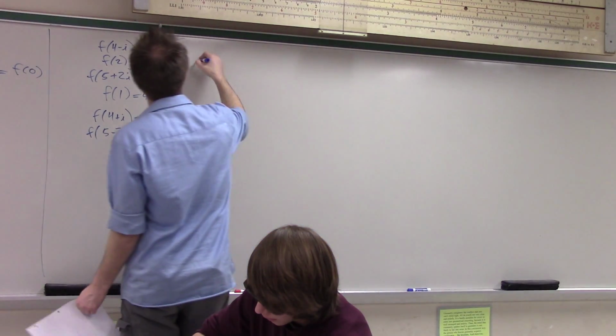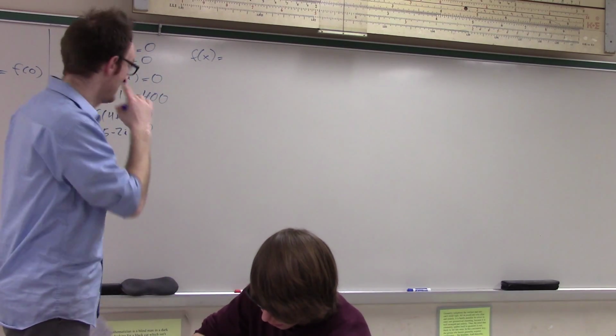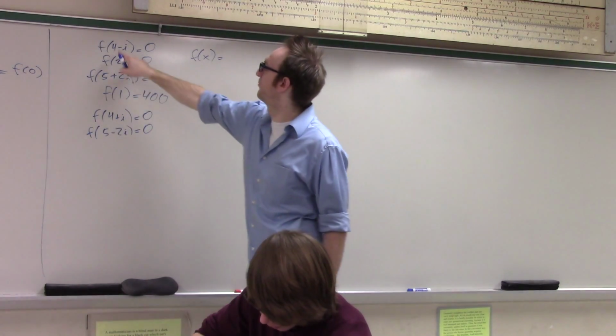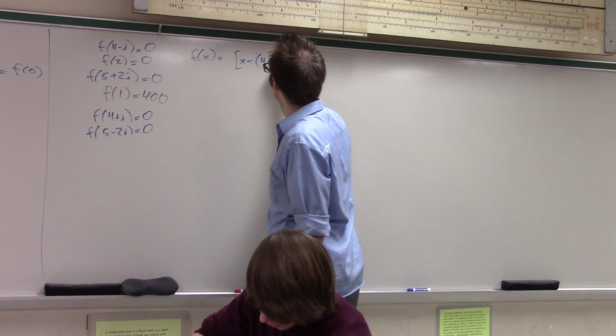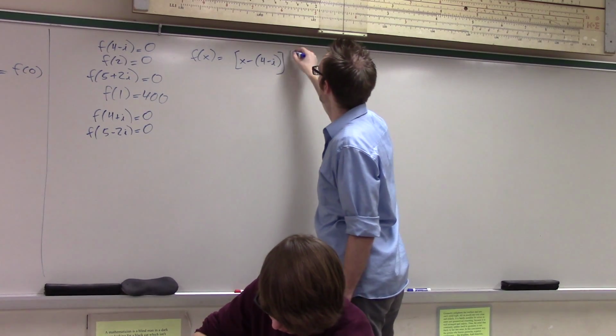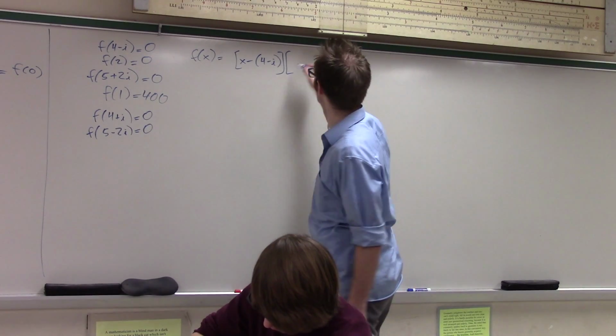Therefore, using the factor theorem, I can write out what this polynomial actually looks like. Seeing as 4 minus i is a root, then x minus 4 minus i must be a factor. Actually, let's do it in order.